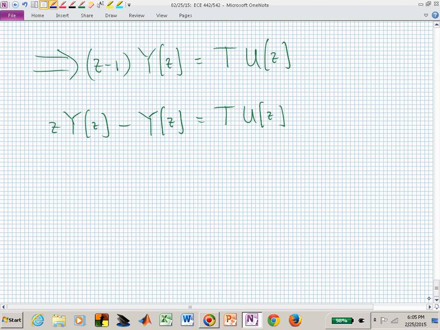And I hope at this point that's screaming at you to say, take me into the time domain. Now I'm multiplying the z transform of capital Y of z with z. What is that operator in the frequency domain doing in the time domain?